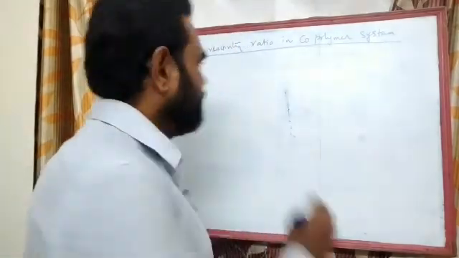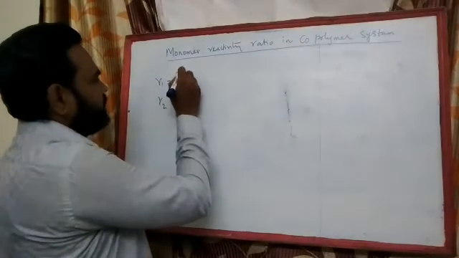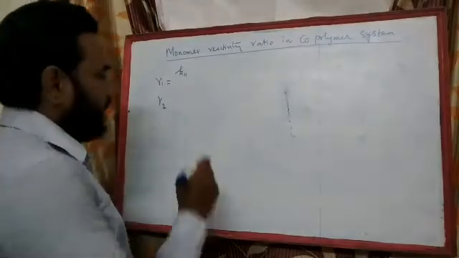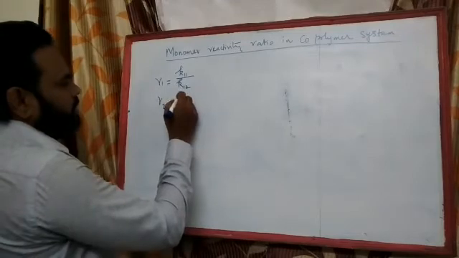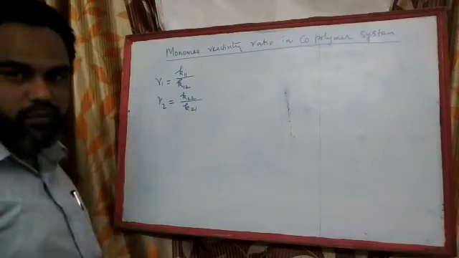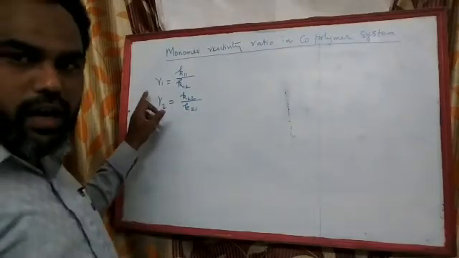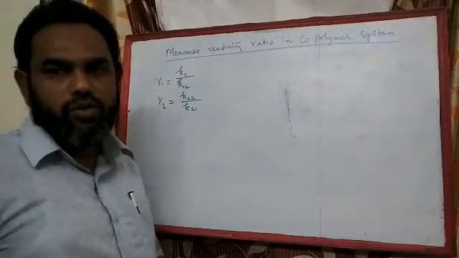So we have deduced a copolymer equation in which we have a term called reactivity ratio, that is R1 and R2. R1 is K11 by K12. R2 is K22 by K21.